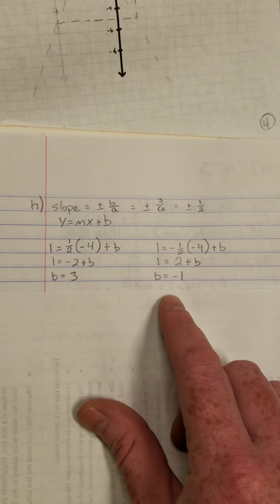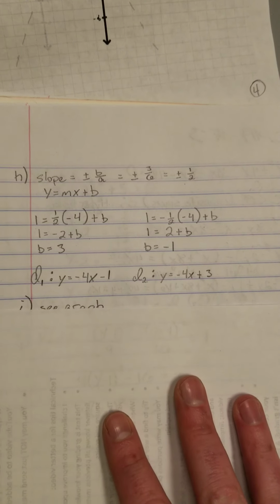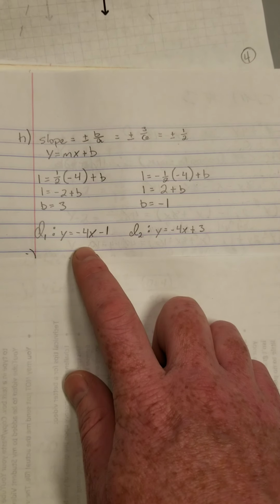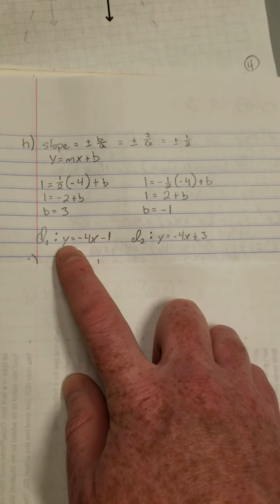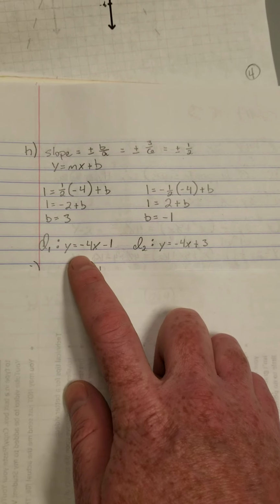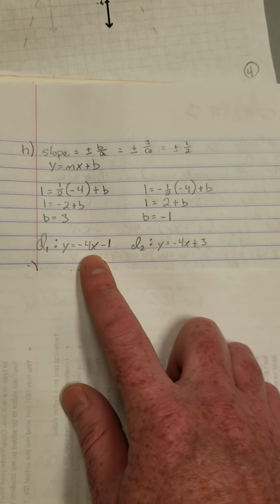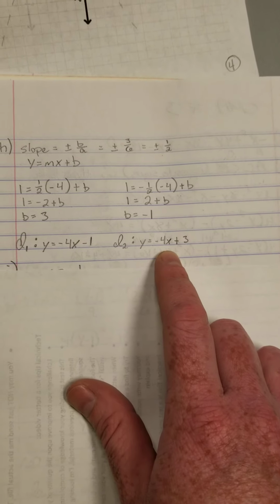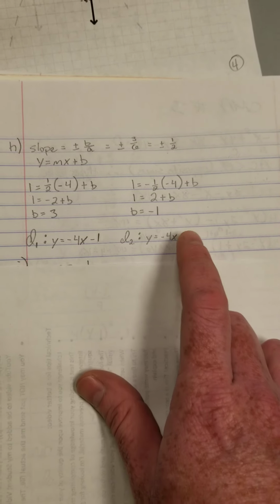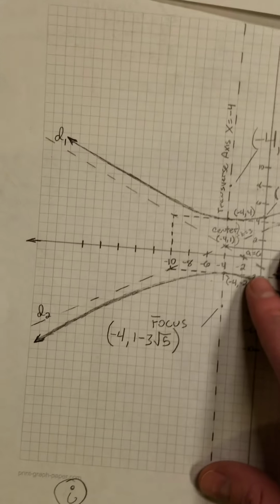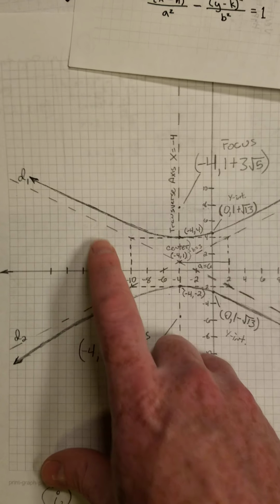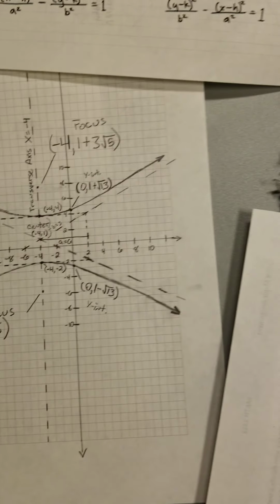Here it's 3, -1. So when we put our value back in, we know our formulas are going to be y equals -4x minus 1 and y equals -4x plus 3. And that is going to be your equations for your asymptotes.